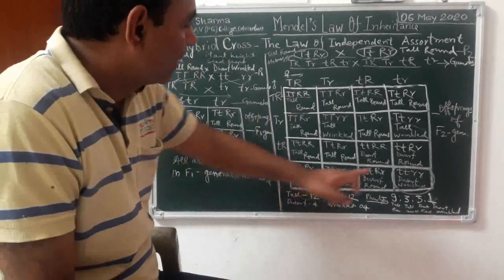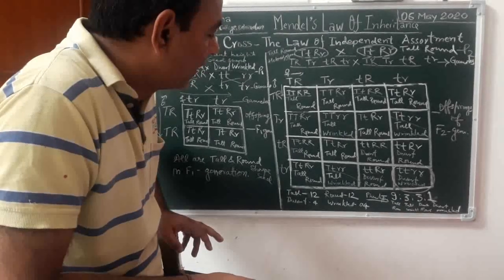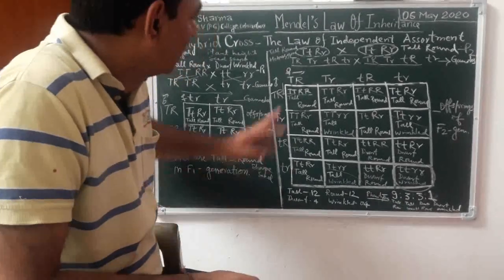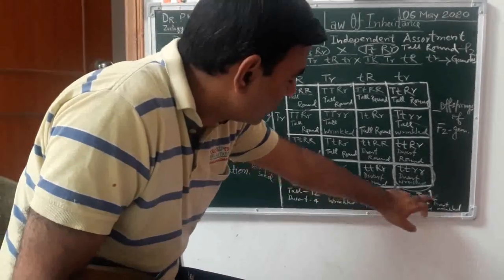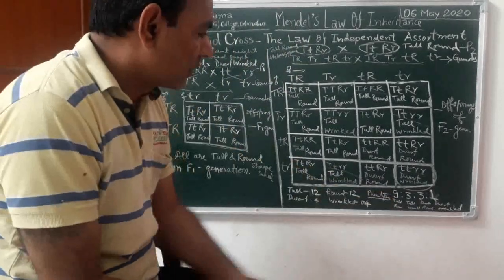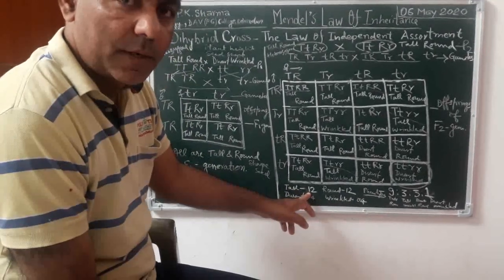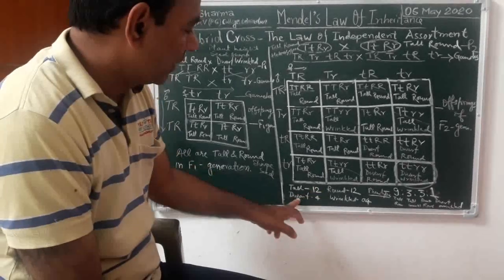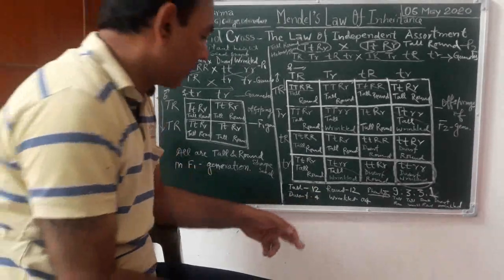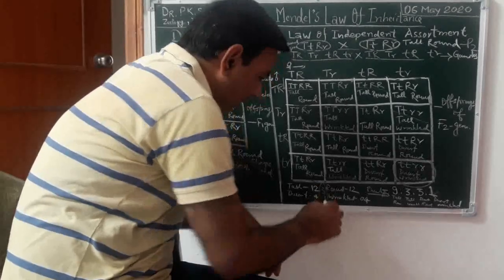So this checkerboard represents the 16 combinations, and the ratio of the two traits will be 9:3:3:1. If we look at the phenotypic expression, we get 12 tall plants and 4 dwarf, so the ratio is 3:1.